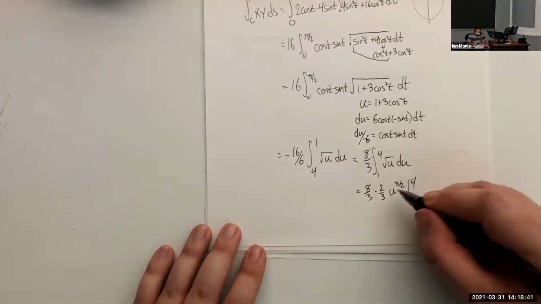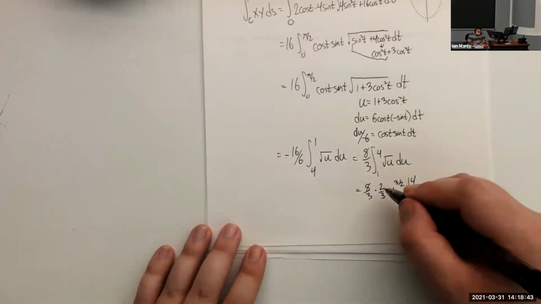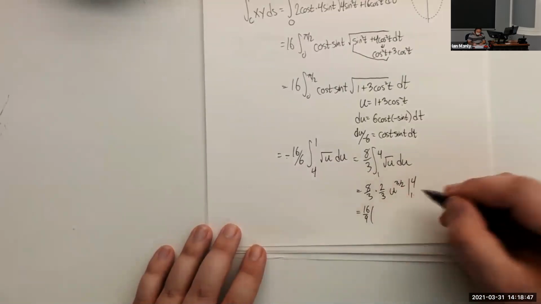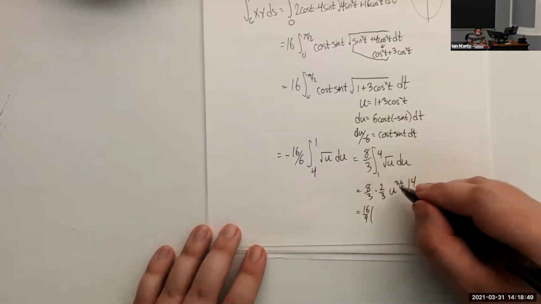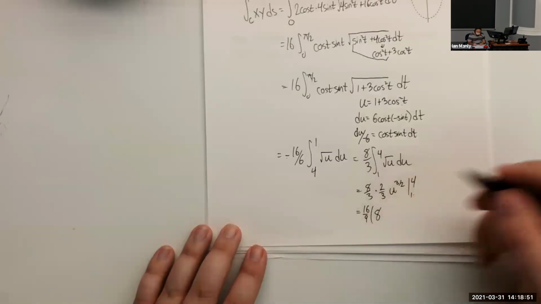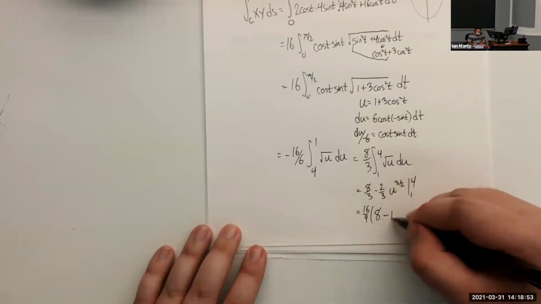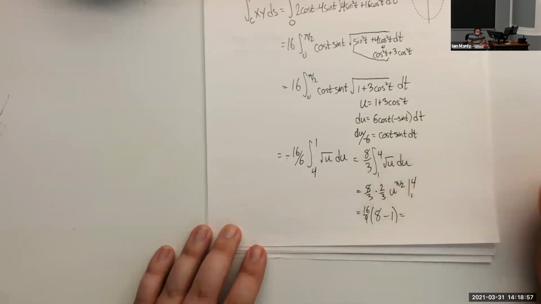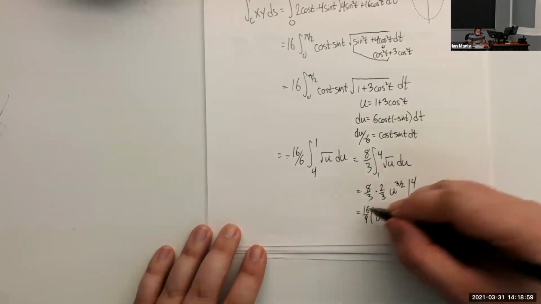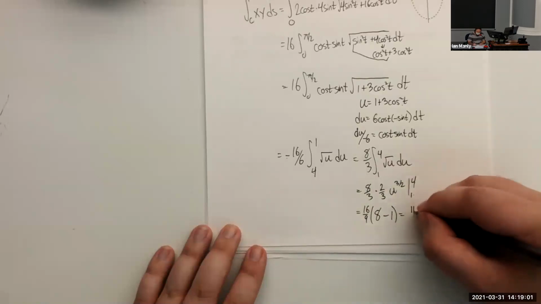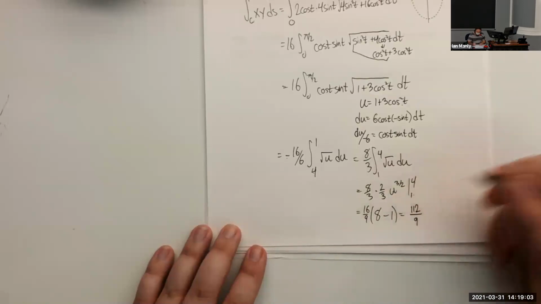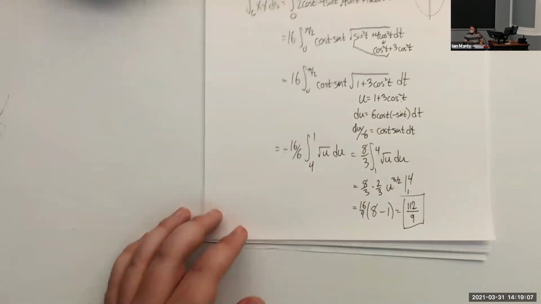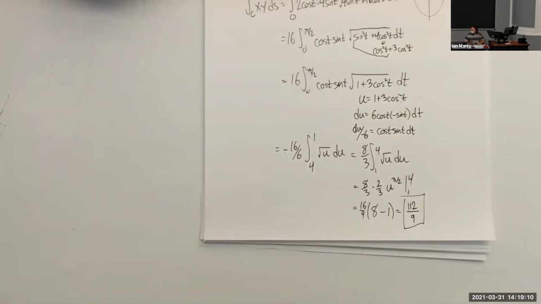All right, and then finally we'll plug in 4 and 1 here. Actually, let's see, this is 16 over 9. 4 to the 3/2 is 8. 1 to the 3/2 is 1. All right, so 8 minus 1 is 7, I think. And then we do 7 times 16 and get 112. So we end up getting 112 over 9 for this one right here.